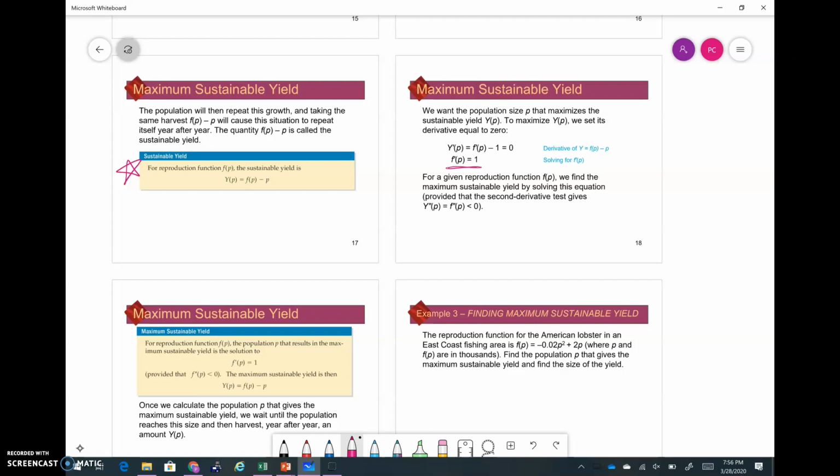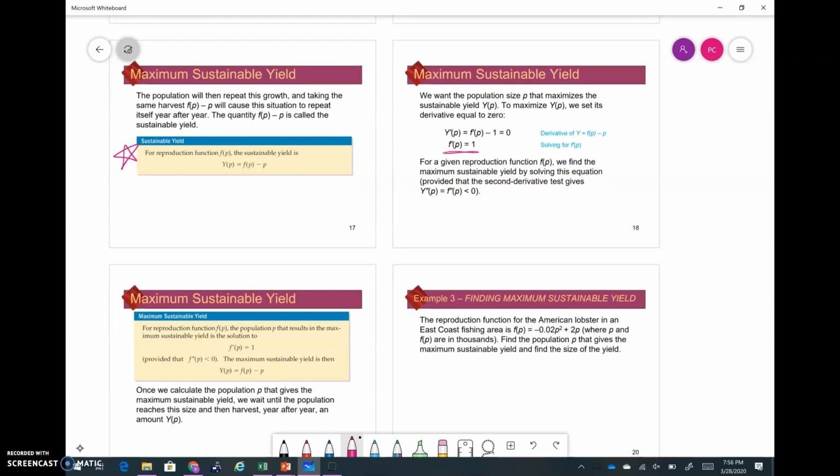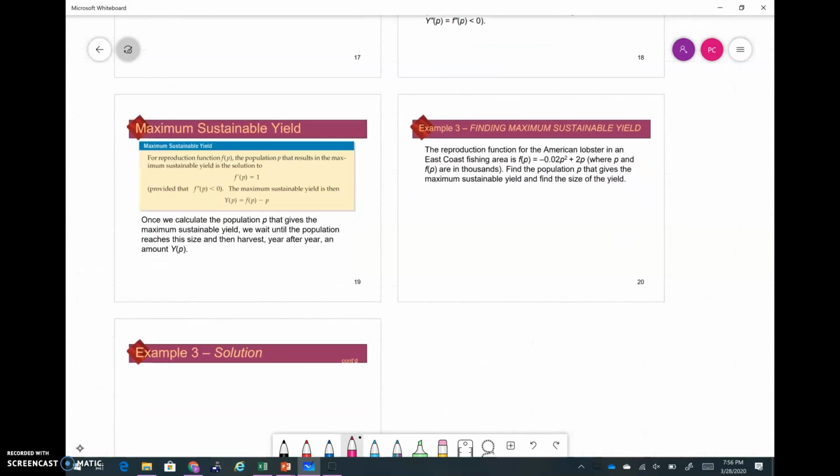So for a given reproduction function f of p, we find the maximum sustainable yield by solving this equation, provided that the second derivative test gives y double prime of p less than 0.